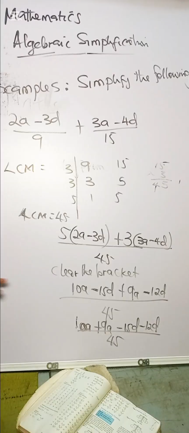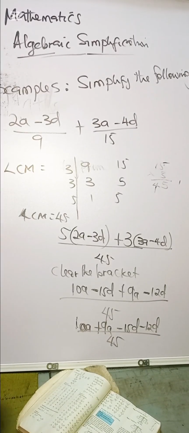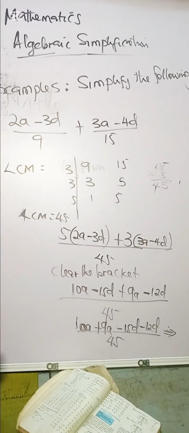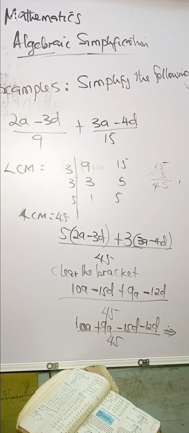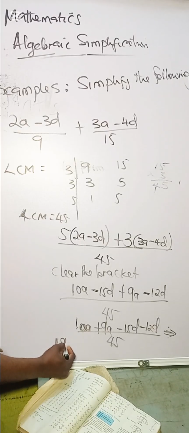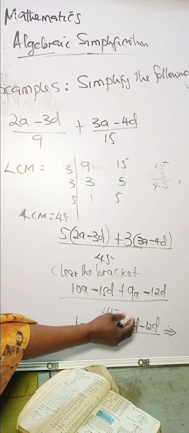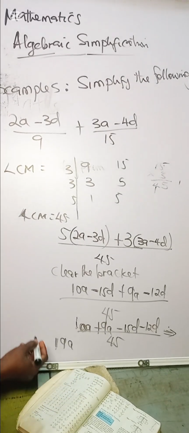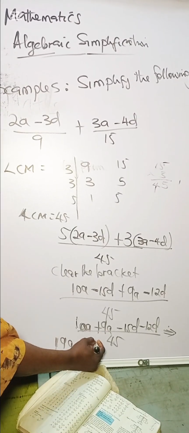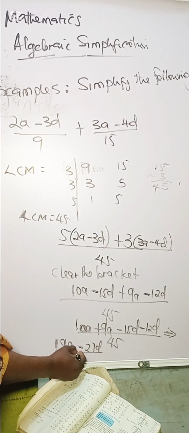Okay? So 10a plus 9a will give us what? 19a. So I have 19a, minus 15 and minus 12 will give us minus 27. Minus 27d all over 45.